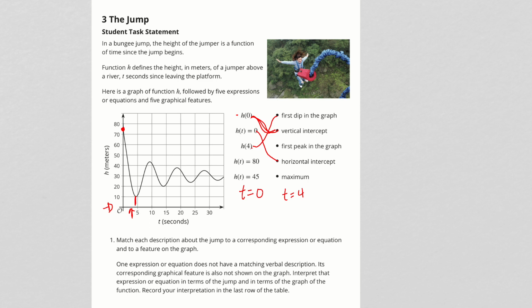It could potentially be this point right here. And honestly, it probably is that point that they're talking about. Then we have h of t equals 80. That is going to be our maximum. And that leaves h of 45 to be our first peak in the graph.